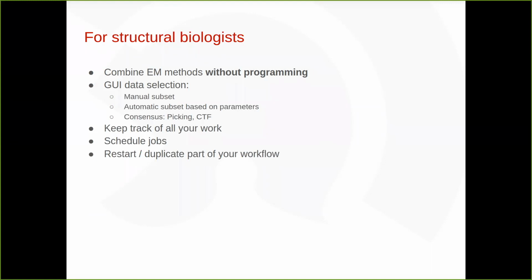And you can restart and duplicate part of your workflow. We are working on this to make it even more agile. If something hasn't worked from the picking to the bottom of your workflow, you can copy the whole branch and redo it again, changing some parameters.